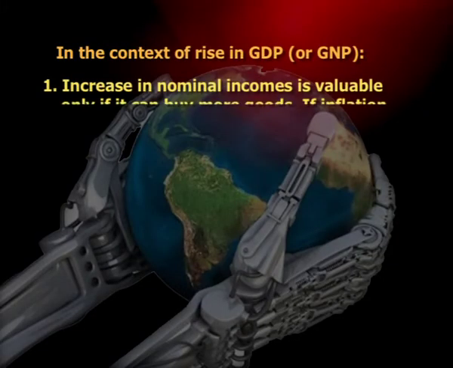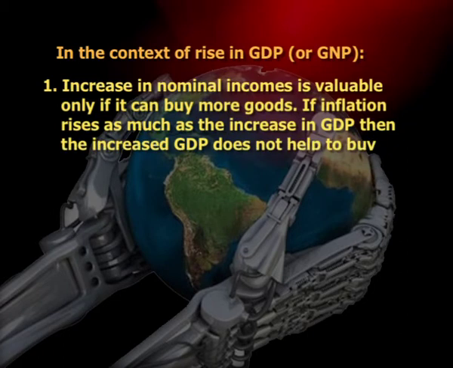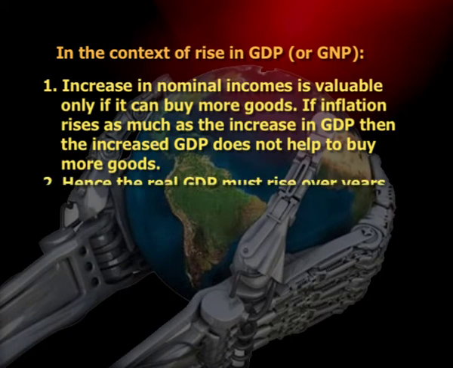Students, what should we know about national income? Let us know that in the context of rise in GDP or GNP, we must understand that increase in nominal incomes is valuable only if it can buy more goods. If inflation rises as much as the increase in GDP, then the increased GDP does not help to buy more goods.